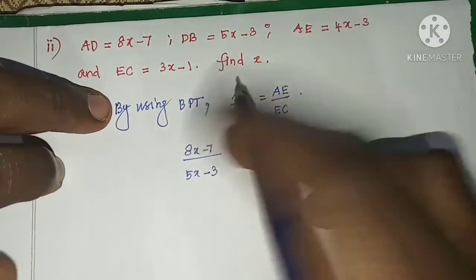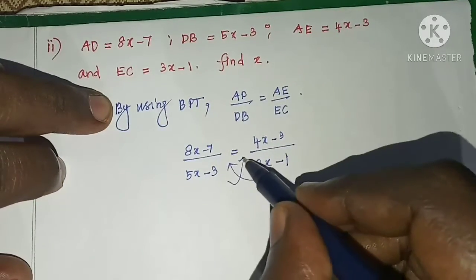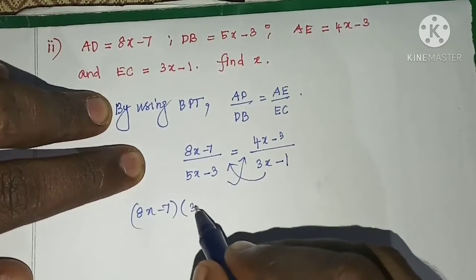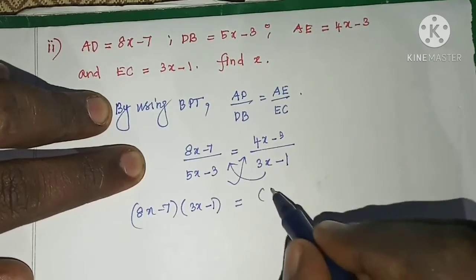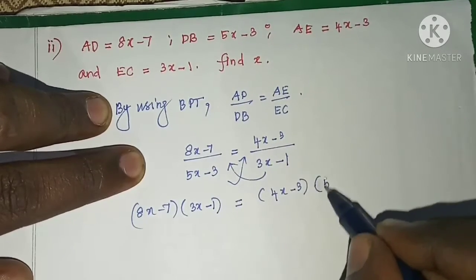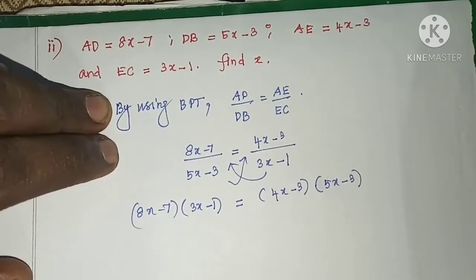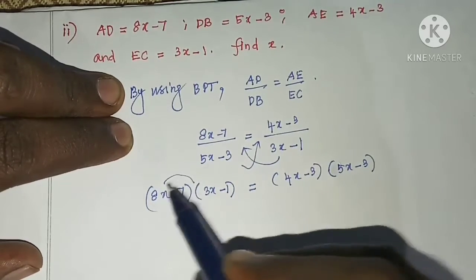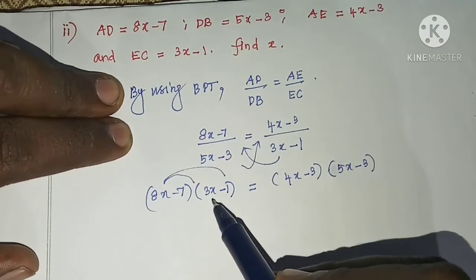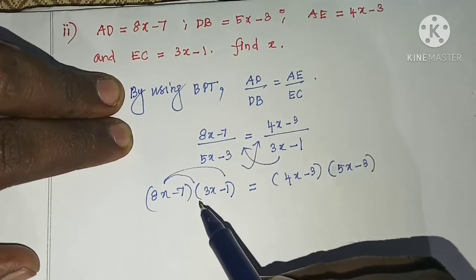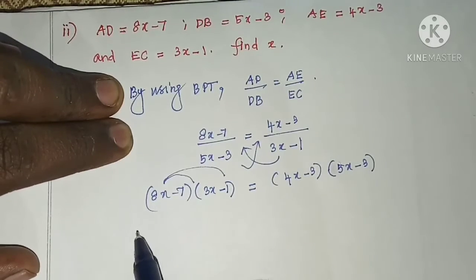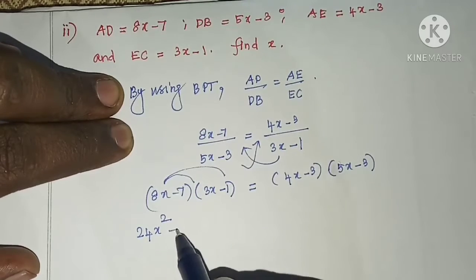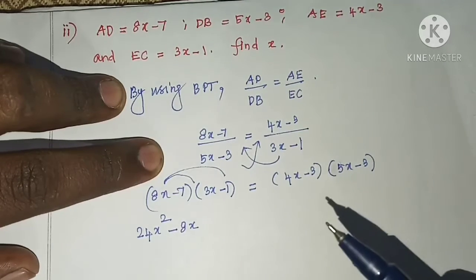Now I am going to do cross product: 8x minus 7 into 3x minus 1 is equal to 4x minus 3 into 5x minus 3. Here we multiply a binomial by a binomial. 8x into 3x, 8 into 3 is 24, x into x, x square, so 24x square. Next 8x into minus 1 gives minus 8x.